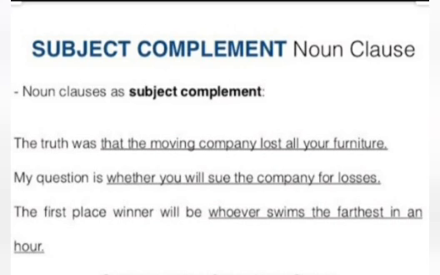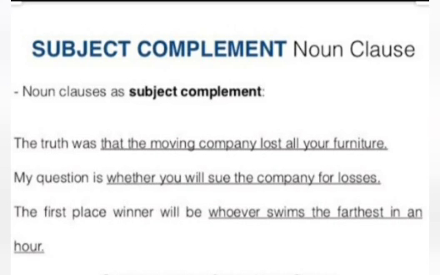If it is adding information about the subject, it is called your subject complement. If it is adding information about the object, it is called your object complement. Yes, but here we are learning what? Subject complement.